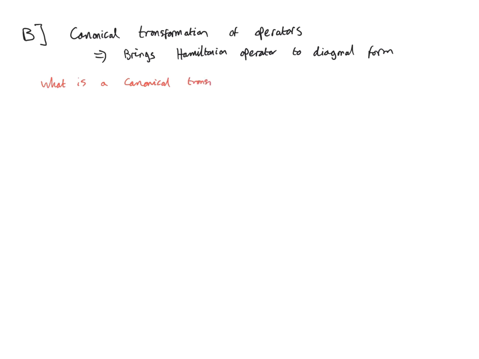A canonical transformation is one which preserves the anti-commutation relations of the original fermionic operators. So let's say that we have a set of operators which I'll label as usual by the c_i's.